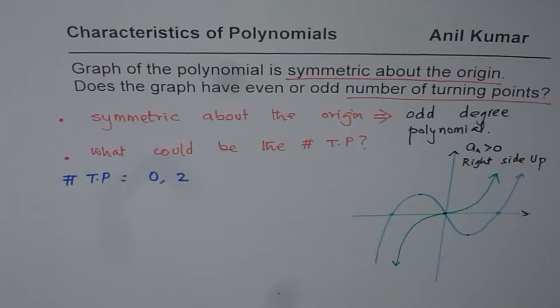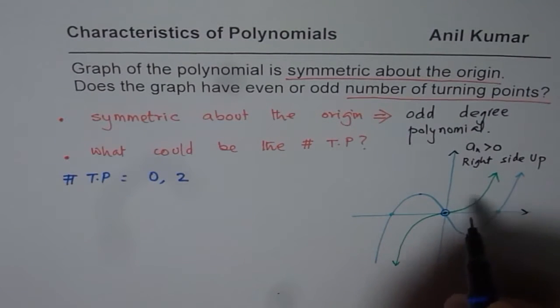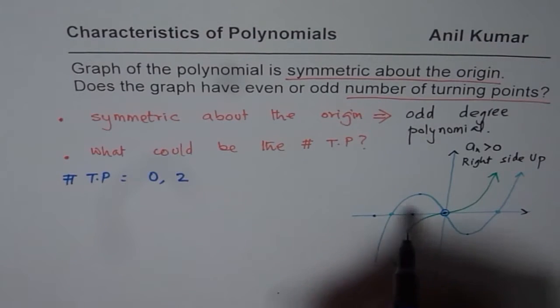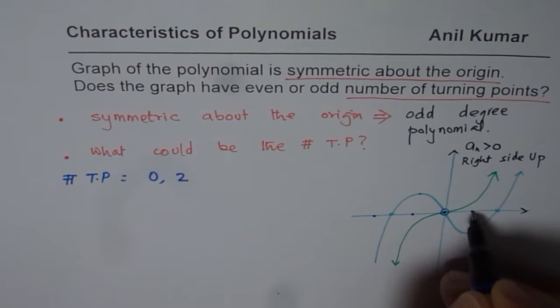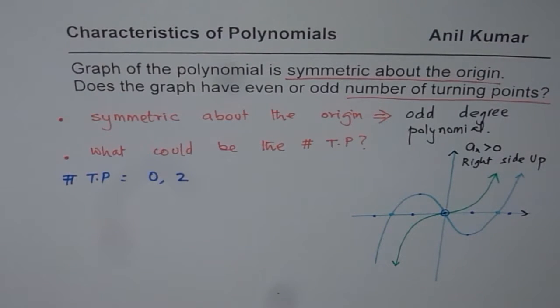The thing here is that if I have a 0 here, then if I have, let's say, two zeros on this side, since it is symmetric about origin, I should have two zeros here also. Is it okay? Since it is symmetry, right?